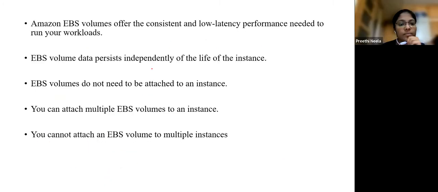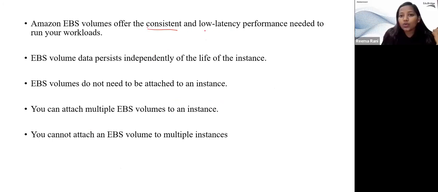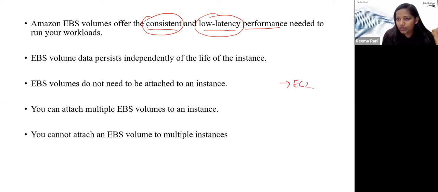Next, it offers consistent and low latency performance. Okay, when you need to run your workloads. Now, what is consistent and what is low latency? Wherever you create your EC2 instance, your EBS block is created there only. Okay, if it is Mumbai, then you are creating your EC2 instance or server and EBS in the same AZ.